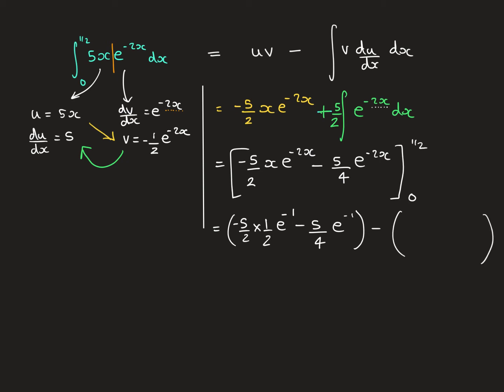So in the second part, this term here becomes 0, but then this term here becomes minus 5 over 4. So let's tidy this up, and we end up with a final answer of 5 over 4 minus 5 over 2 e to the negative 1.